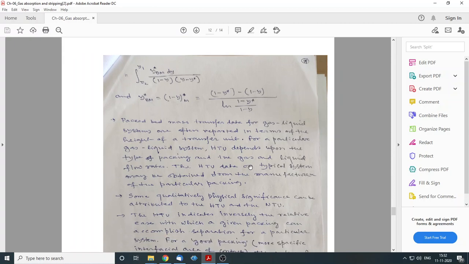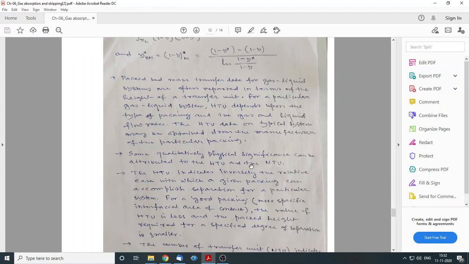Okay, so now some interesting observations. Packed bed mass transfer data for given gas liquid systems are often reported in terms of the height of a transfer unit.